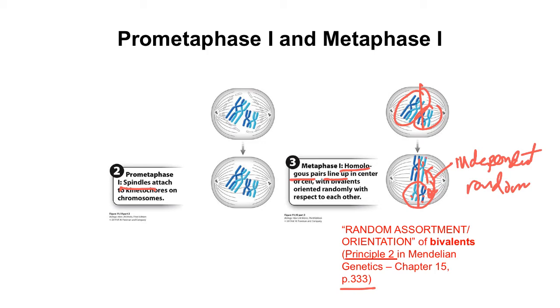So this is called random assortment and orientation. I hope that you pay attention to this behavior, because this will explain the laws of segregation and transmission of genes according to Mendelian principles in chapter 15.